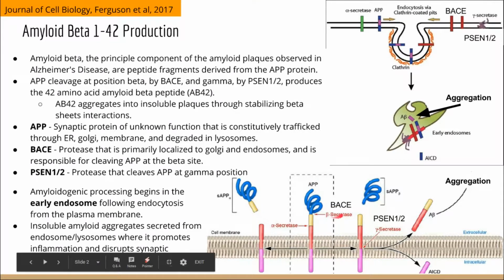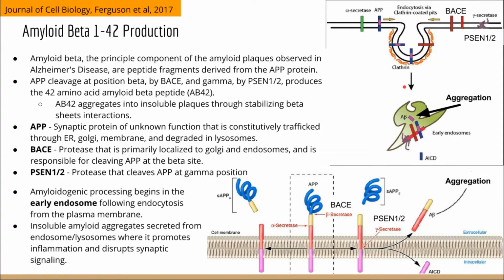So this process of beta-secretase followed by gamma cleavage and amyloid beta production is occurring largely in the endosomes and the lysosomes. As a result, a lot of the amyloid beta fragments actually begin their process of aggregation in the endosome.